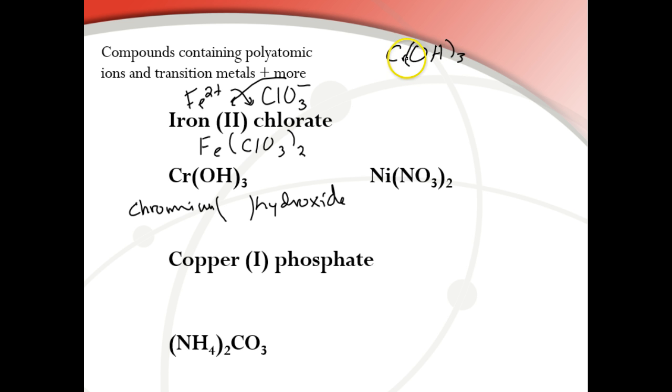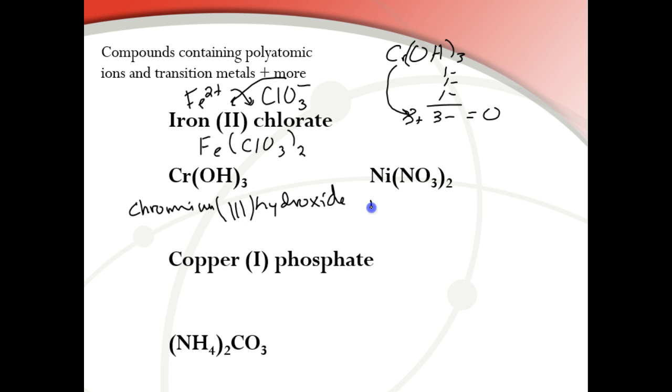Each hydroxide is a negative charge. It's one of those you have to memorize. So we've got 3 of these guys, and so chromium has to be a 3+ to make this a 0, right? Because all compounds here have to equal 0. So this has to be a 3+ and a 3- gives us a neutral compound. So this guy has to be chromium(III).